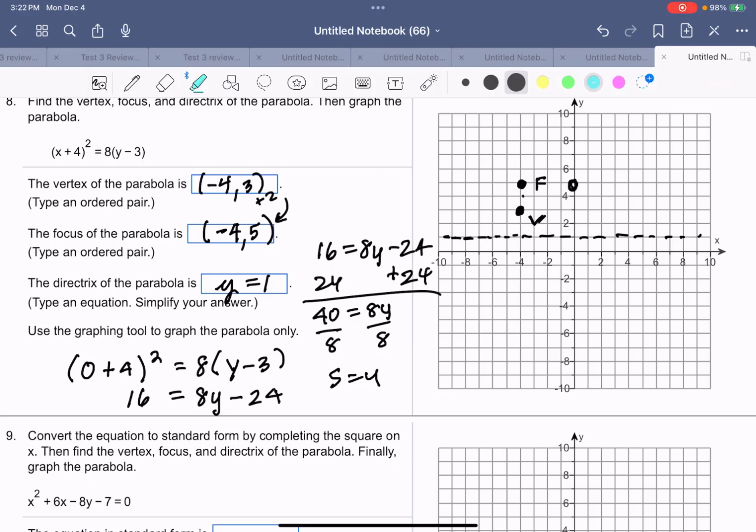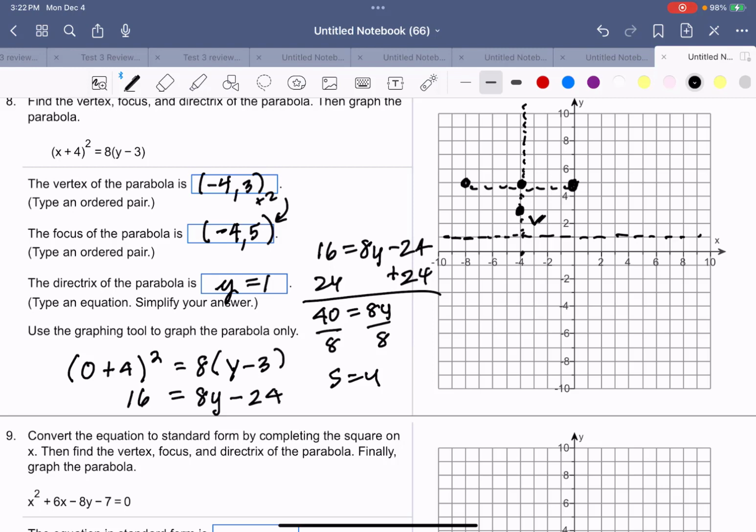Now I'm going to use my symmetry. I'll erase this for just a minute so you can see that we're going to count over 1, 2, 3, 4. And that gives me a second point on my parabola, because all parabolas are symmetrical.